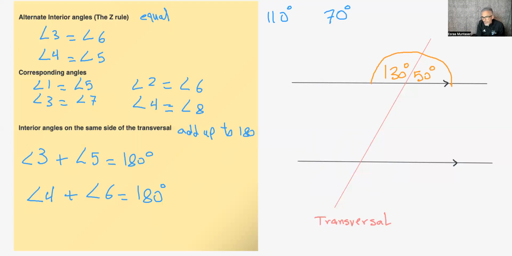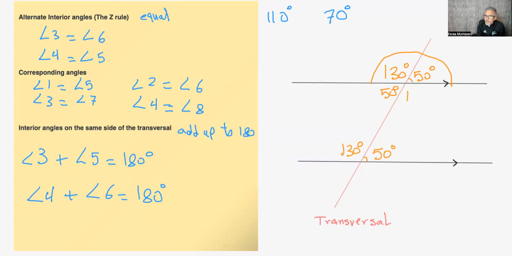And if this is 130, this angle here looks the same size as this one here, so this will be 130. And that's the rule of corresponding angles. Also, this will be 50 degrees because they are corresponding, the same size. I could also tell this is 50 because of the Z rule right here, or alternate interior, also vertically opposite angles. When you have two straight lines that intersect, vertically opposite angles are the same.